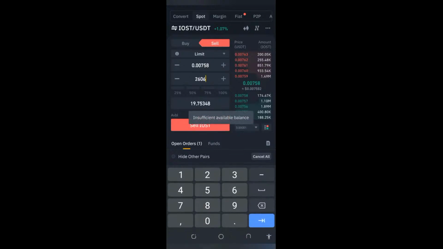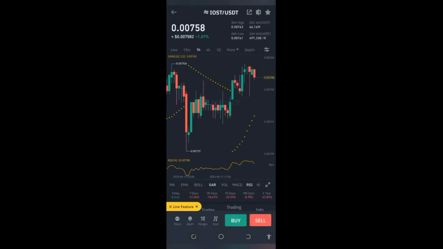Yeah, currently right now it's at a loss. But if this goes up to maybe 7.6, for instance, or maybe 7.8, if for any reason this goes up to 7.8, we will make profit. Those are the things that we're looking at currently.